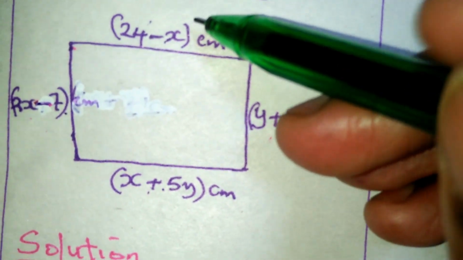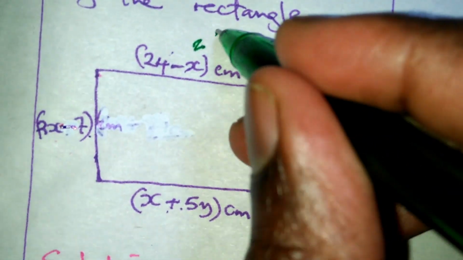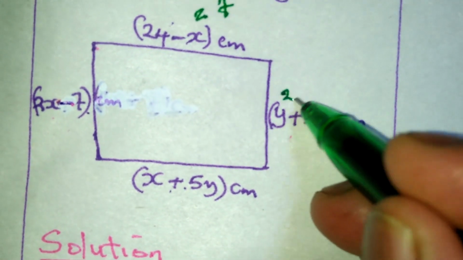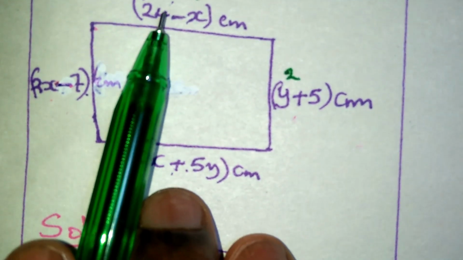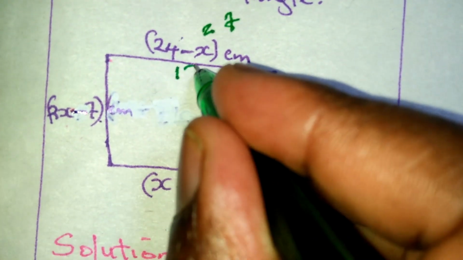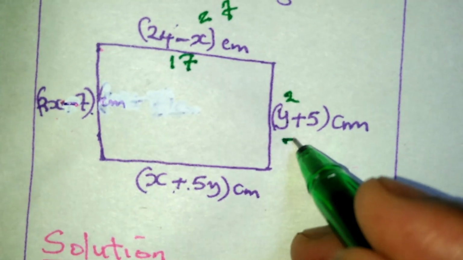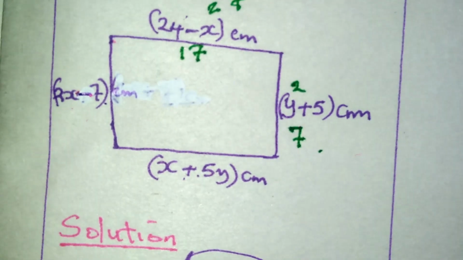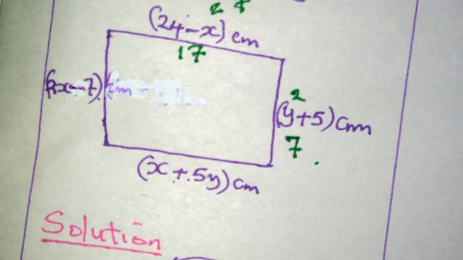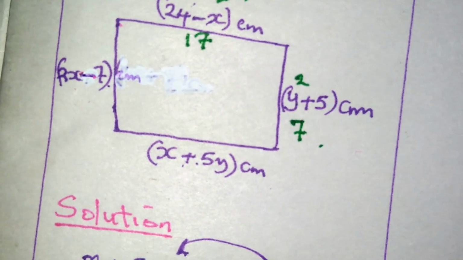If we bring the value of x which we have found to be 7, and the value of y which we have found to be 2, you'll realize that this one will give you 24 minus 7, which gives us 17, and this one would be 2 plus 5, which gives us 7. So the sides of our rectangle are 7 and 17. The length is 17 and the width is actually 7.